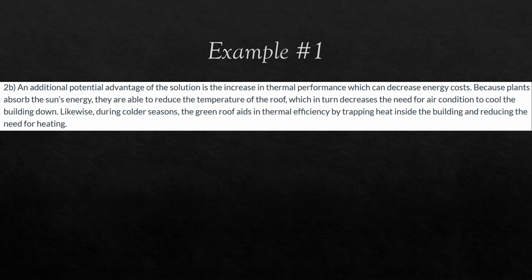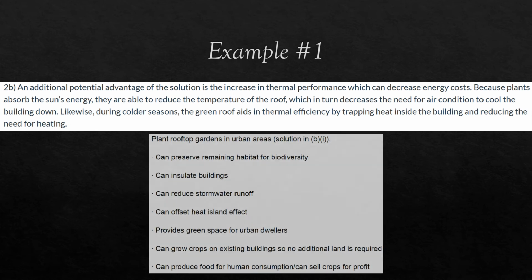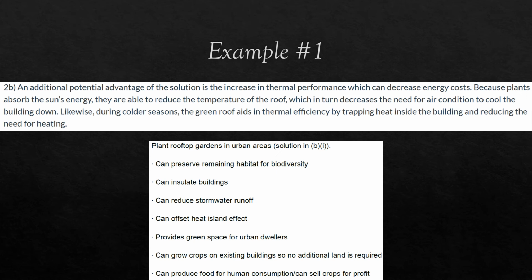Likewise, during colder seasons, the green roof aids in thermal efficiency by trapping heat inside the building and reducing the need for heating. So this one is very close to the insulation of the buildings. We give perfect points. There's plenty of explanation here, the process, etc. This is a very good answer.